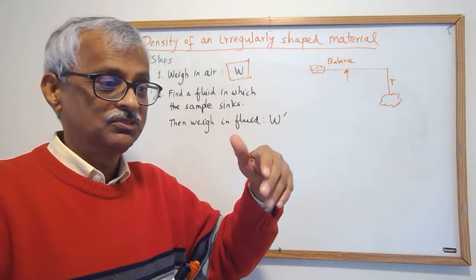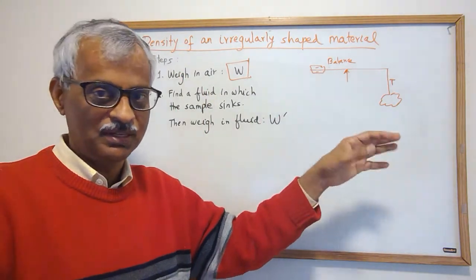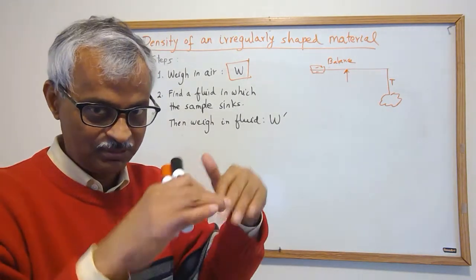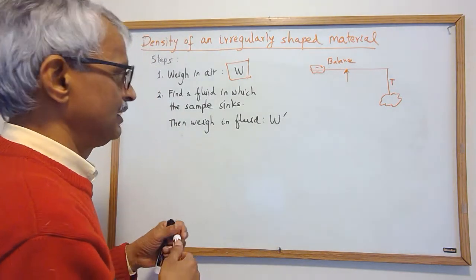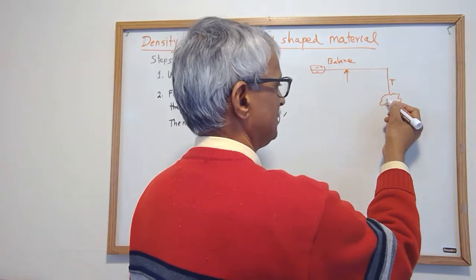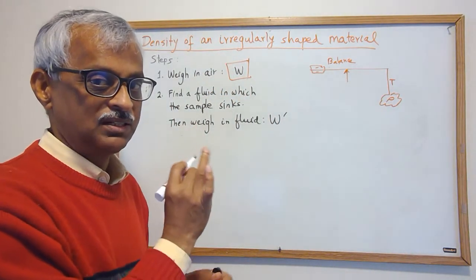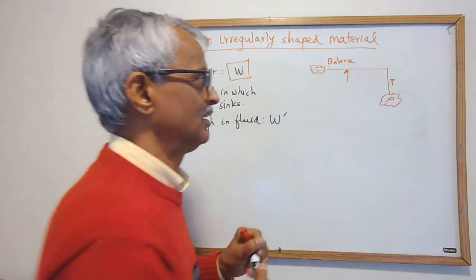Then you may get acetone or some other lower density fluid, like ether, in which it will sink. So you just find a fluid in which it sinks, and let the density of the fluid be rho sub f. This I'm going to call density rho, which I do not know. That's the one I need to find. We are trying to figure out a method to find that.